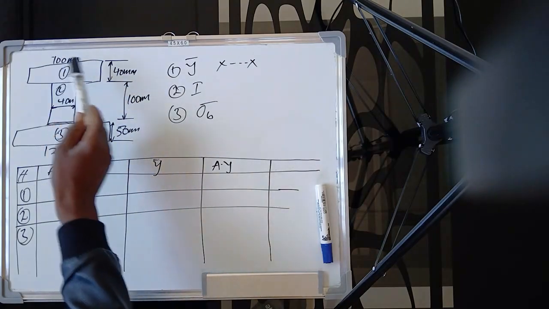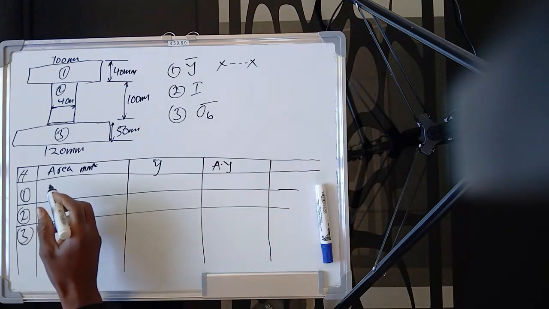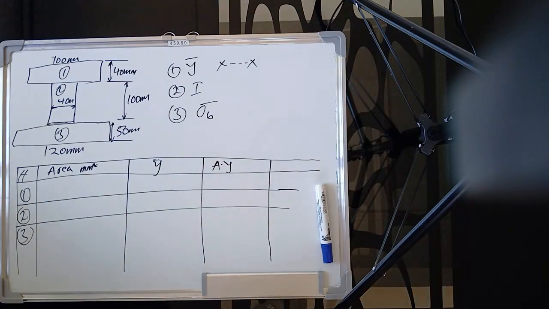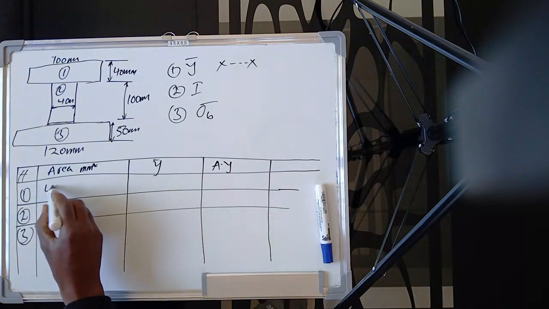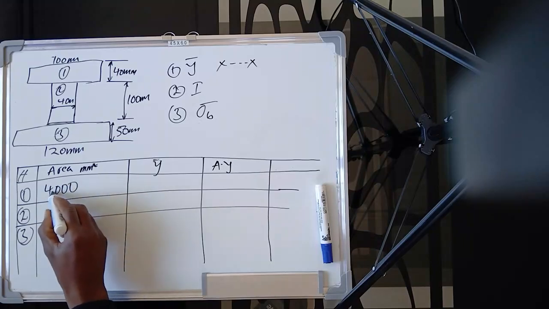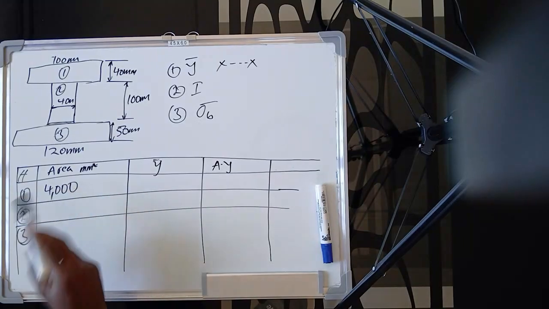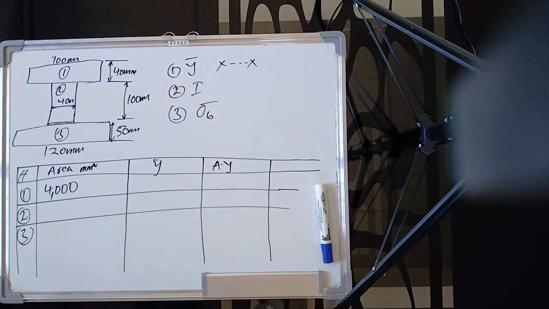So 100 by 40, get your calculator. That should give you 4,000. I like putting commas because it helps me to check if I've written my figures correctly.